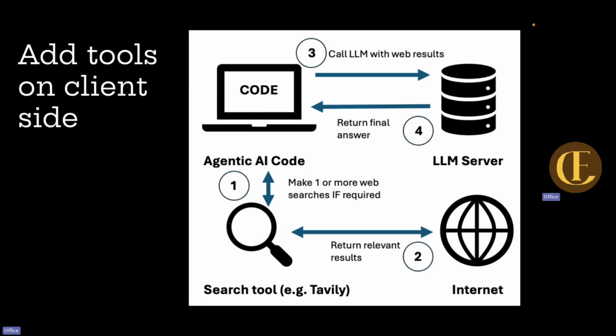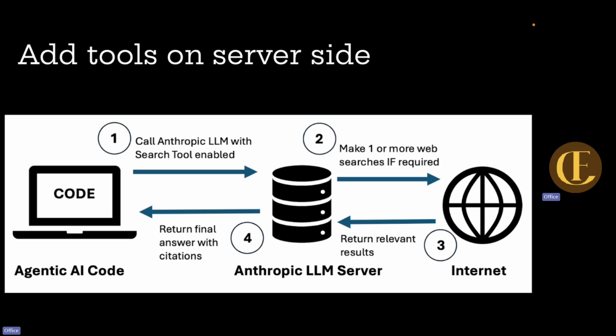Now, I don't want to make things complex, but for the sake of completeness, there's something else also which is happening. In the previous diagram, we were talking about the tool being added on the client side. Now, LLM providers are taking this step towards adding tools on the LLM side.